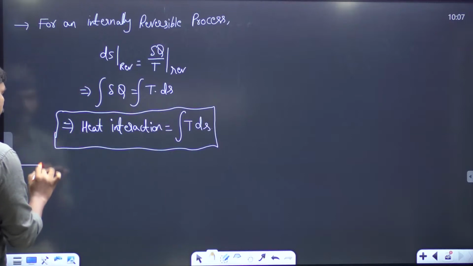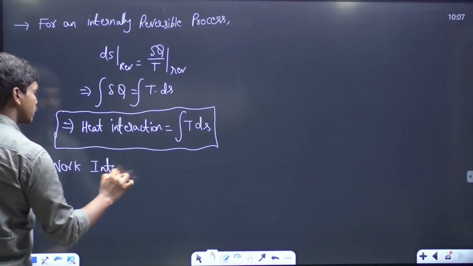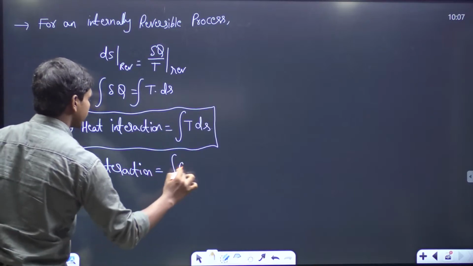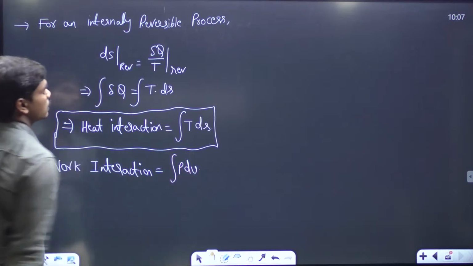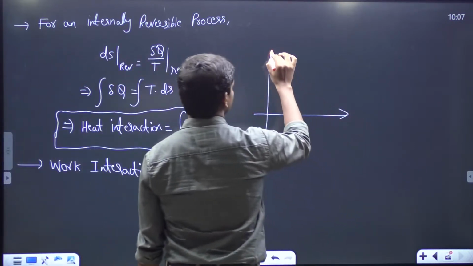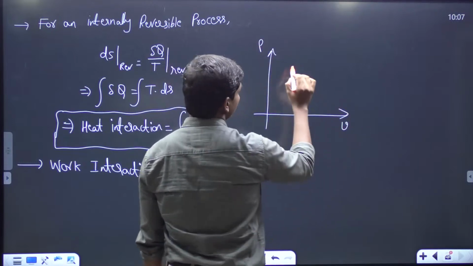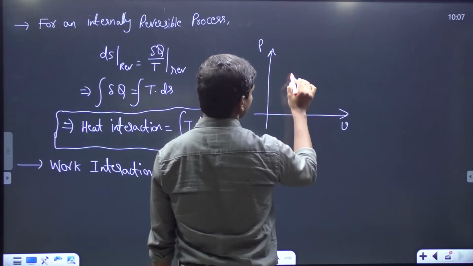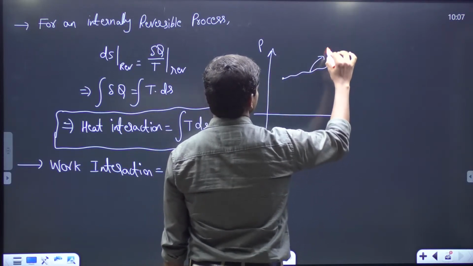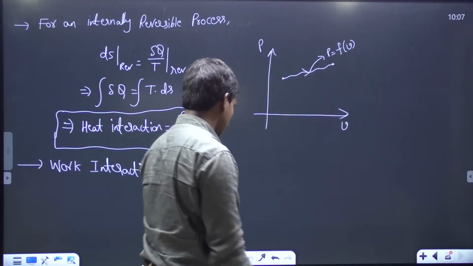Which means if you want to calculate heat interaction geometrically, you have seen that work interaction is equal to the integral of PdV. Now if you have a P and V axis, and suppose there is some random curve of pressure as a function of volume, and you want to calculate the work interaction in this process, what could you do?